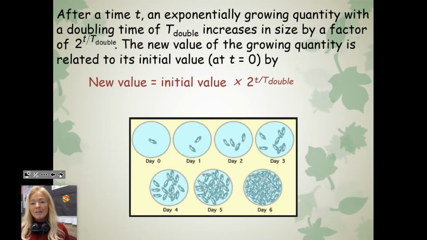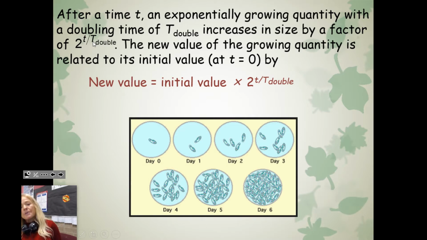All right, so pretty easy. We have a formula that you'll use quite prevalently on your homework. After a time t, an exponentially growing quantity with a doubling time, notice this little symbol here, t with a little d below it, which means doubling time, increases in size by a factor of 2 to a power, because 2 to a power is our doubling quantifier. That power is t, how much time has passed, divided by the doubling time. That gives us the factor of growth.